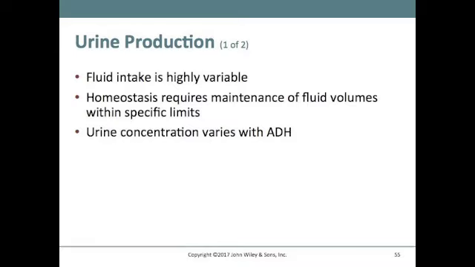Furthermore, antidiuretic hormone controls whether dilute urine or concentrated urine is formed. In the absence of antidiuretic hormone, urine is very dilute. However, a high level of antidiuretic hormone stimulates the reabsorption of more water into the blood, producing concentrated urine.